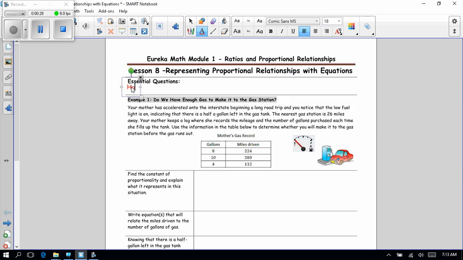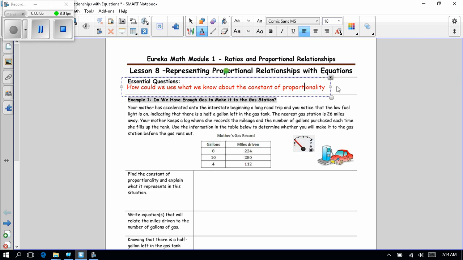What I want to know is, how could we use what we know about the constant of proportionality to write an equation?